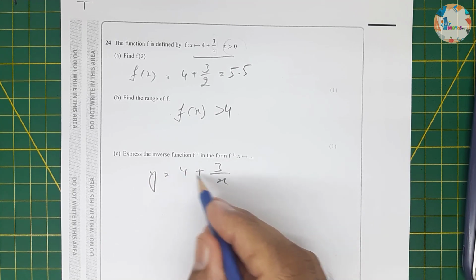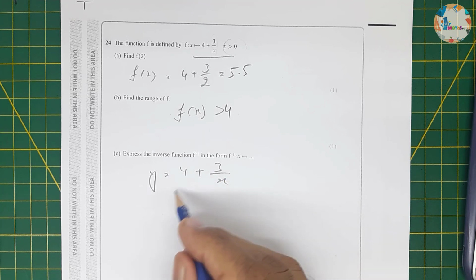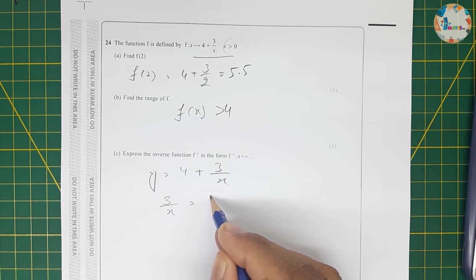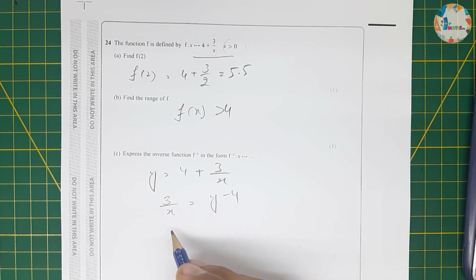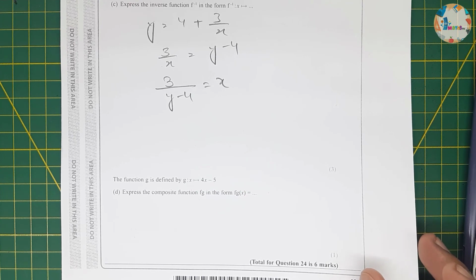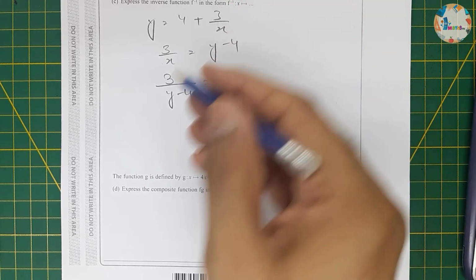Now we have to make x the subject, so 3 over x will be equal to y minus 4, so x will be equal to 3 over y minus 4.